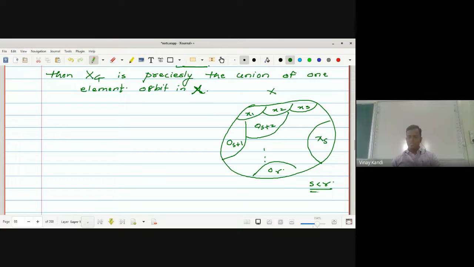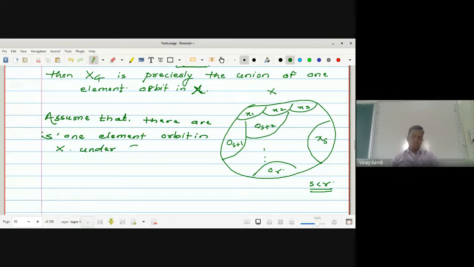Okay, we are here, S is less than R. So write down here: assume that there are just S one-element orbits in capital X under G. Okay, हे काल under G का लिहितो, हे काल सांगितलं.